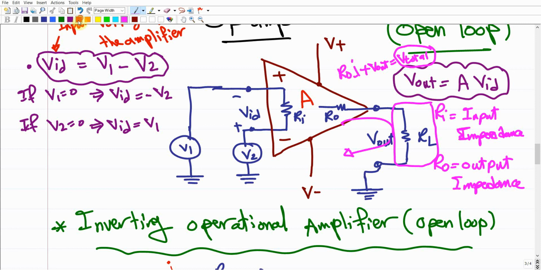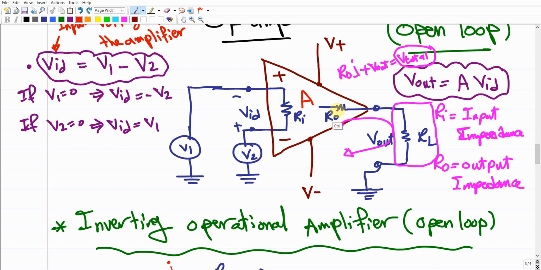But in case this RO is already zero, all the output voltage that is generated by the amplifier will be entirely used for the RL, I mean, for operating the machine. This is the ideal case and the best case.